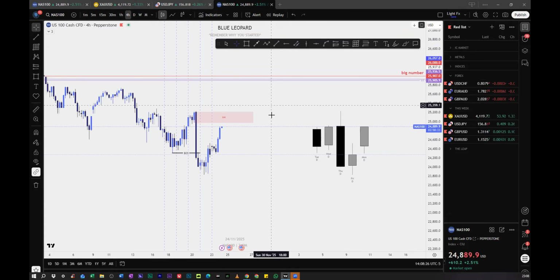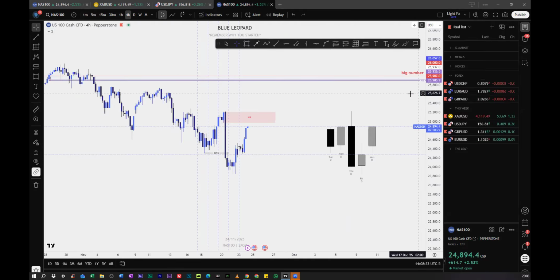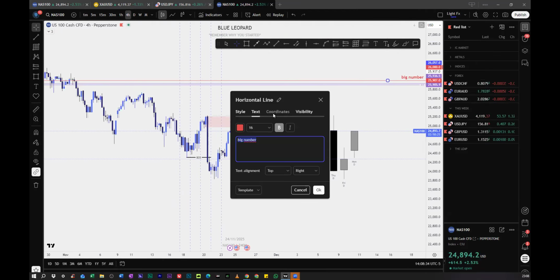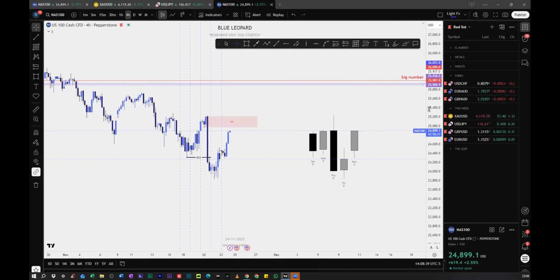I don't expect the volatility of this week to bring price to the big number here. You see, the big number is 26,000. Now we can drop to 25,000. This is the closest big number.